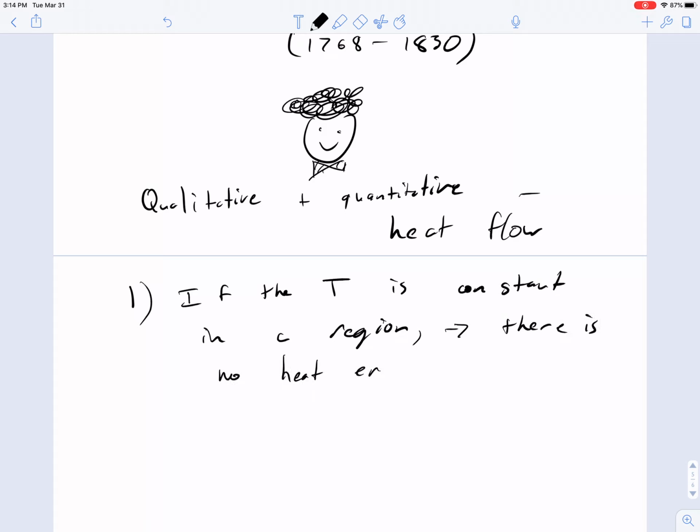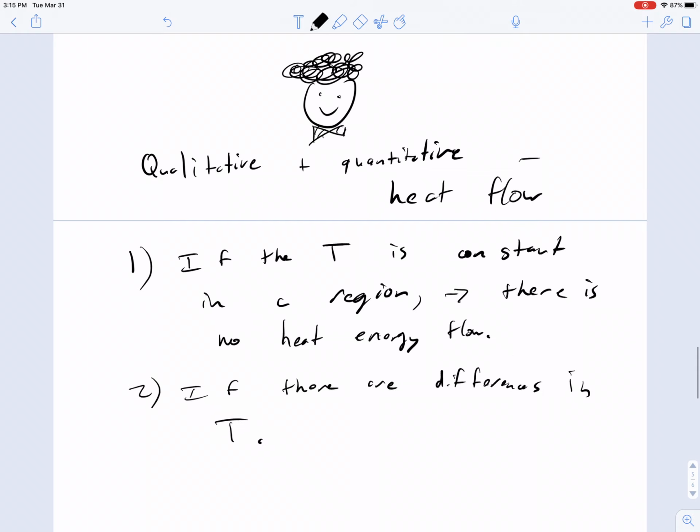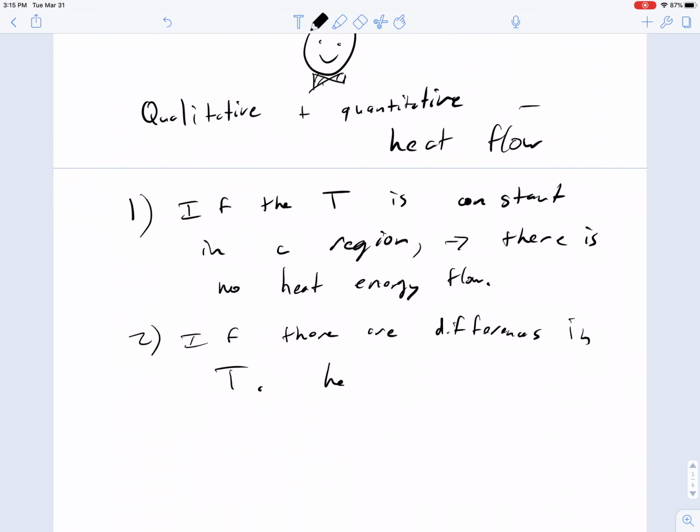Okay. Two, if there are differences in temperature, in T, heat goes from hot to cold. It flows downhill.